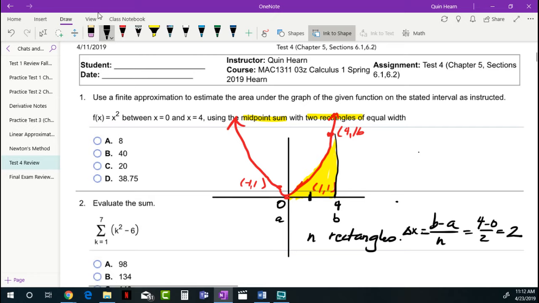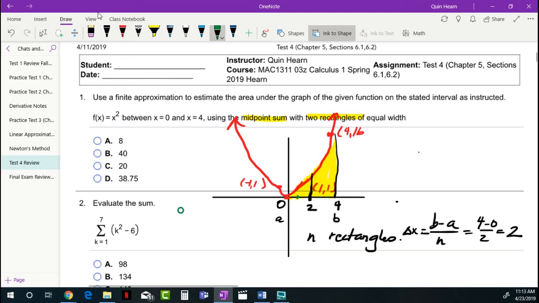Halfway through the interval, we have the number 2, and you can visualize splitting up this interval. Now, in this case, we're going to take the midpoint of each interval, and we're going to use that to figure out the height of the rectangle. So the midpoint of an interval can always be found.